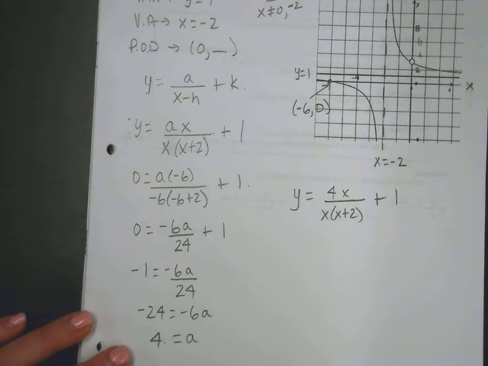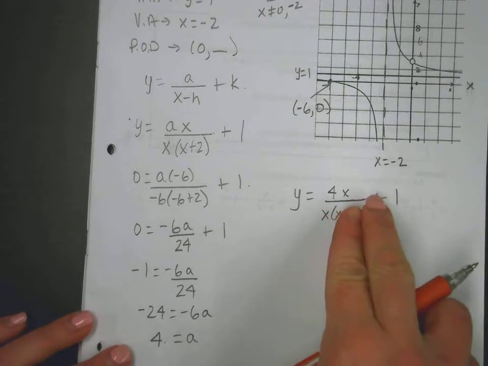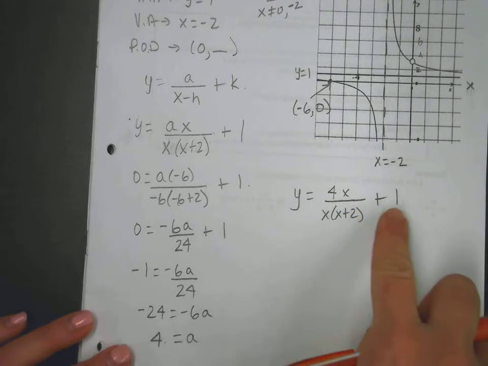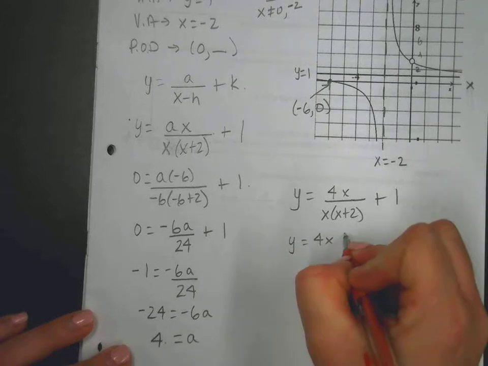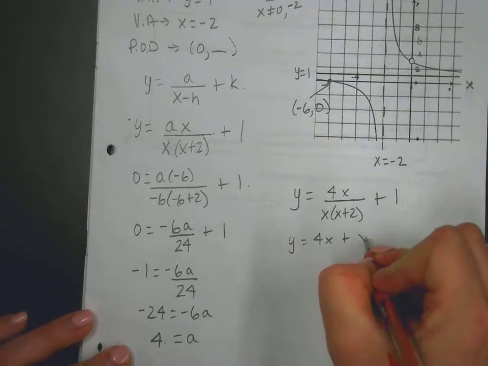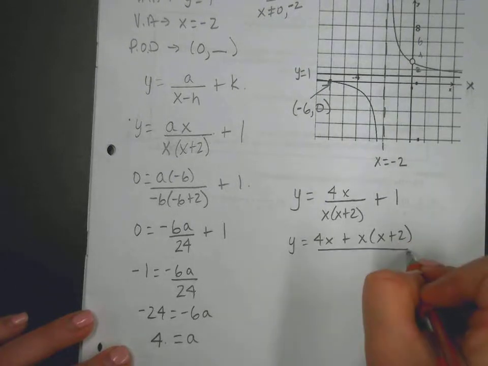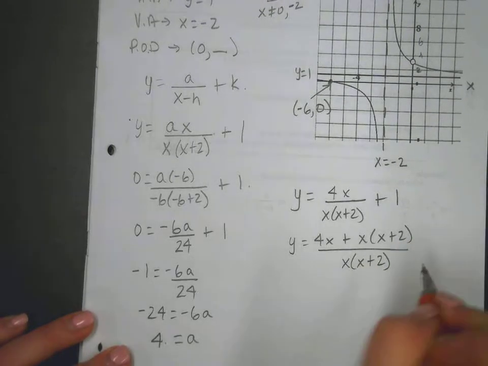The question asks us to then answer in a single simplified expression. So a single simplified expression means I need to combine these. I need to actually add these into a single fraction by getting a common denominator. So I'm going to multiply my 1 by an x times an x plus 2. This is all going to be over this denominator of x times x plus 2.